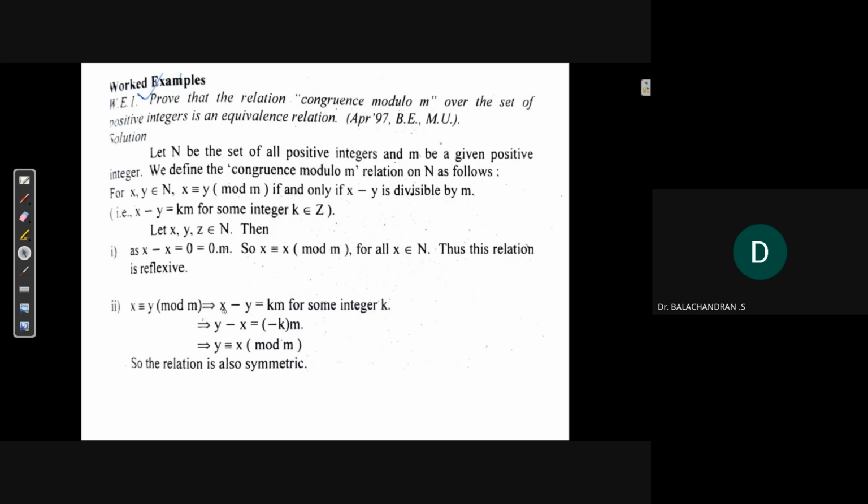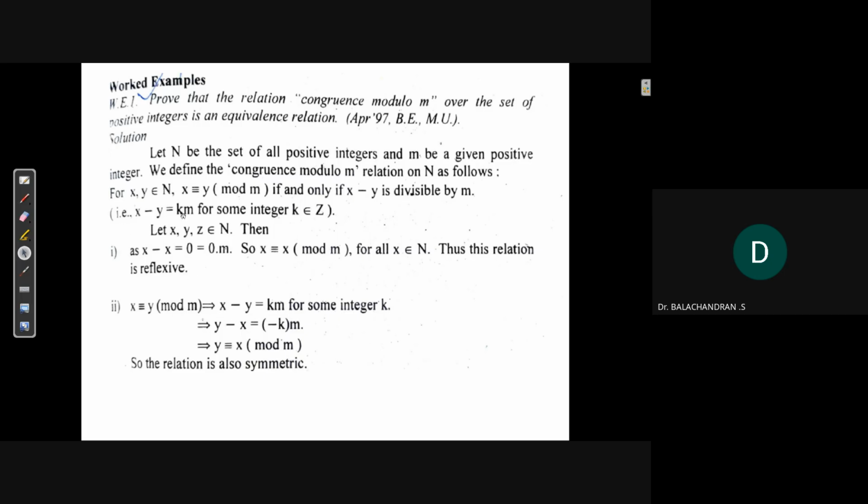Now instead of x minus y, if I write y minus x, it equals minus k into m. So what is the meaning of this? Y minus x is equal to some minus k into m. These two are equivalent, they look like the same thing.